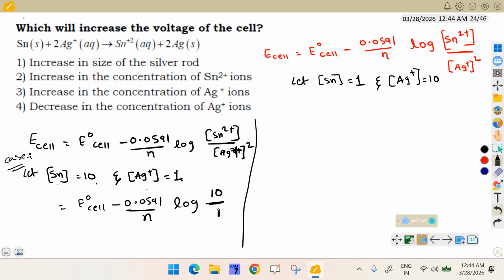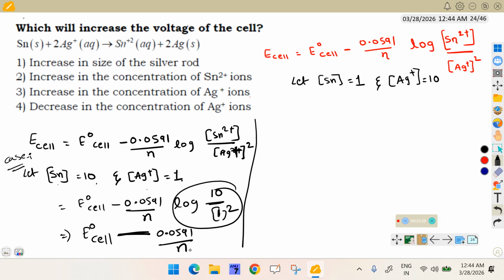Log 10 by 1 is equal to 1. Here E naught cell minus 0.0591 by n. So voltage of the cell decreases. So case 1 is wrong.